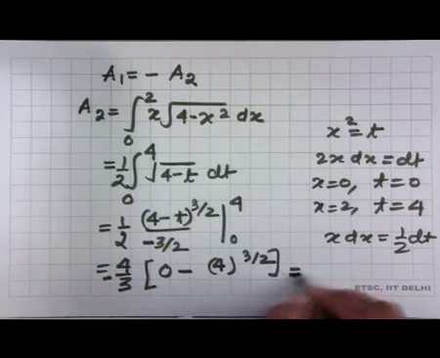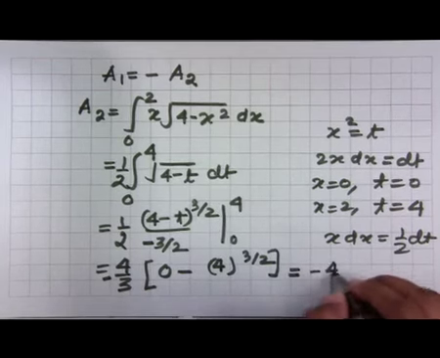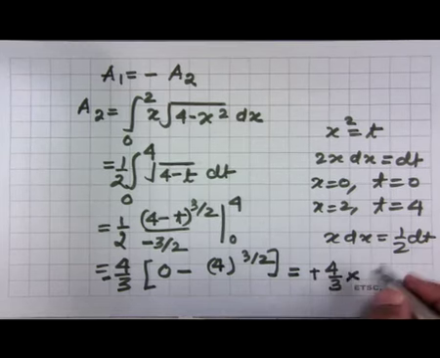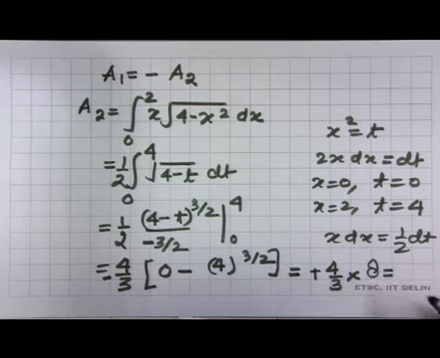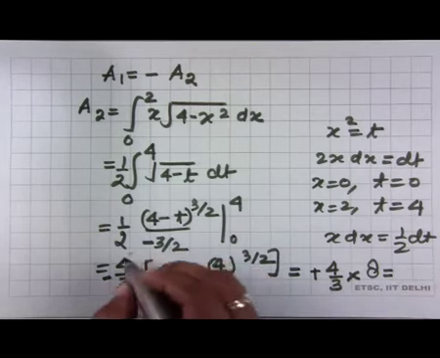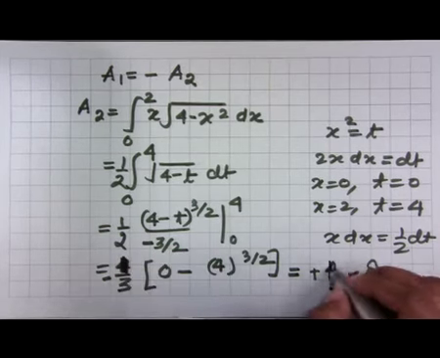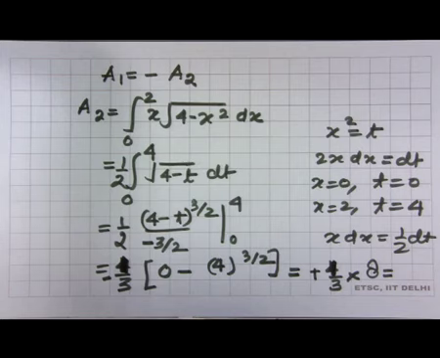So, you get minus plus 4 by 3 into 8, sorry, we have one mistake here, we get 1 by 3. So finally, we get 8 by 3.